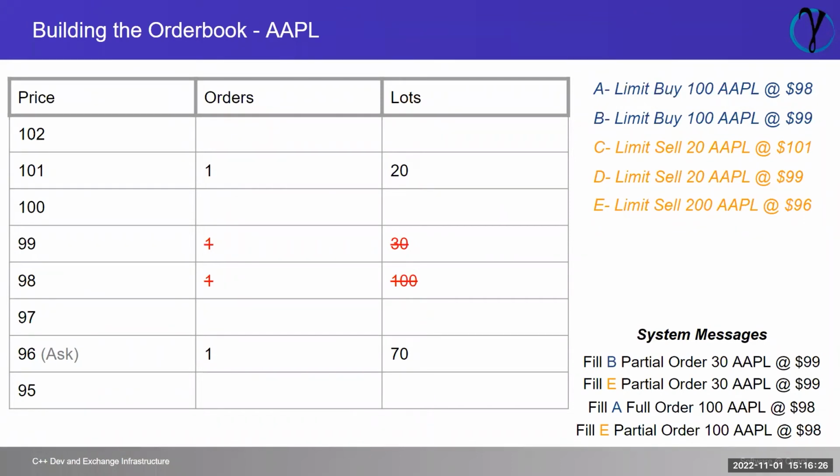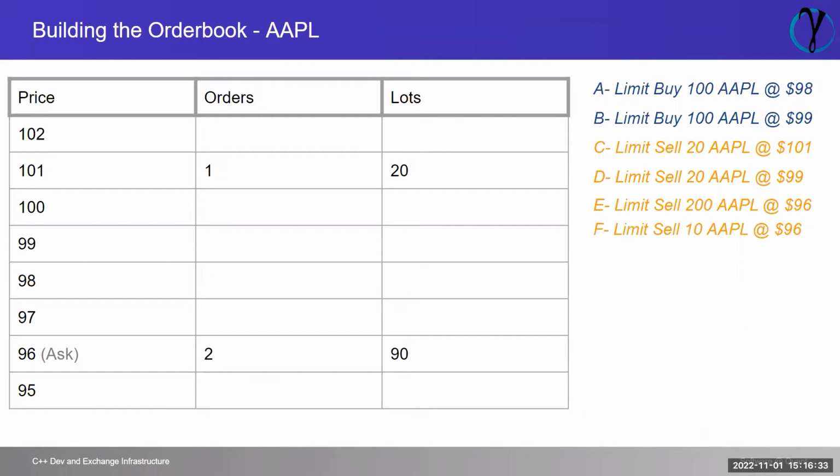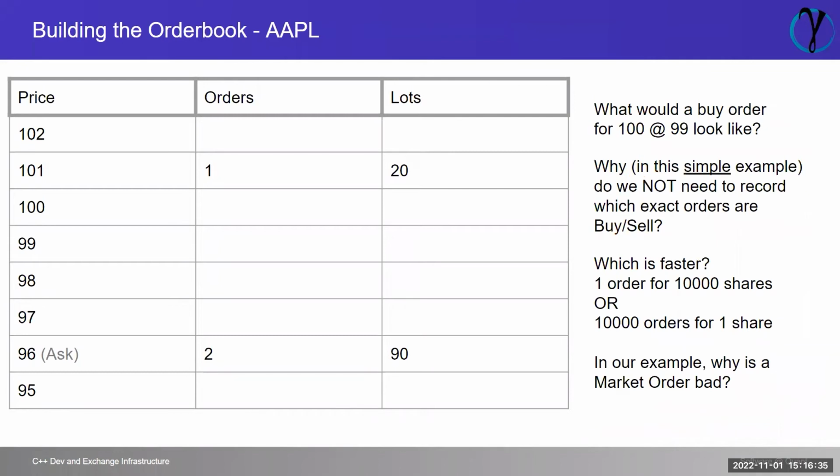So it's really bad here. You lose out on $3 per share. That's why market orders would be bad in this example. Okay, does that make sense?